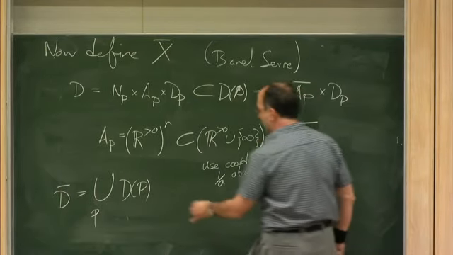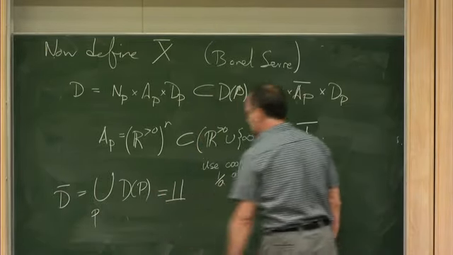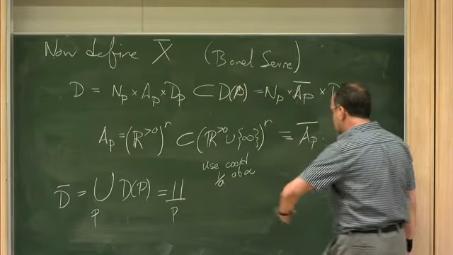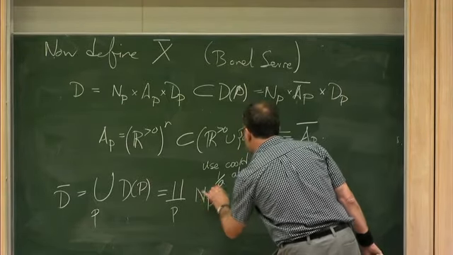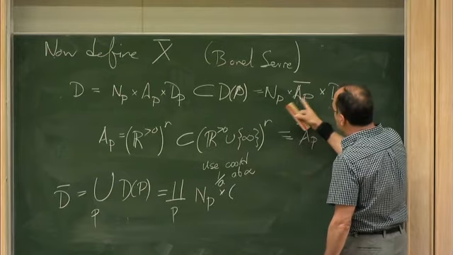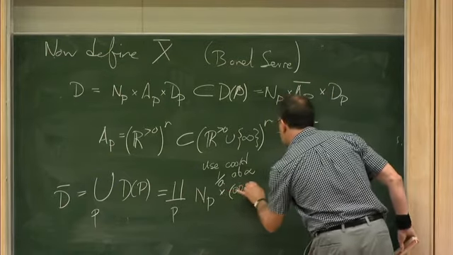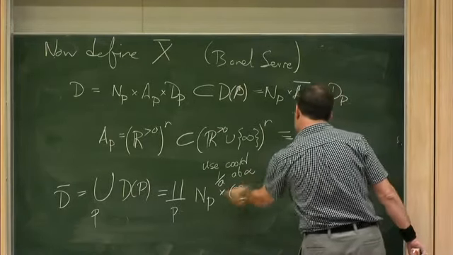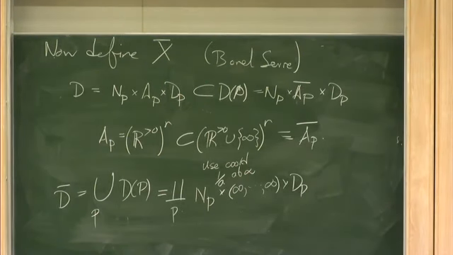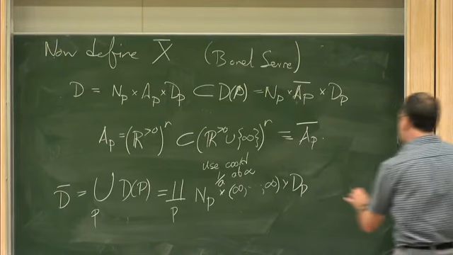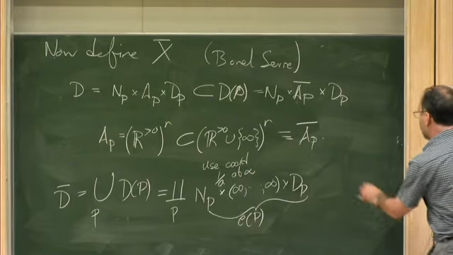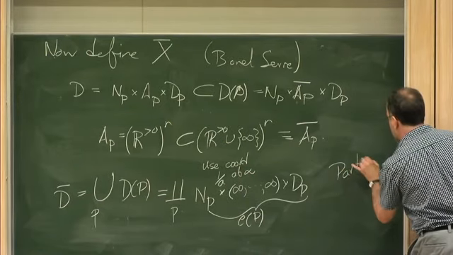Another way you can think of it is as a disjoint union over P of NP cross, letting all the coordinates here go to infinity, cross DP. Do I have a notation for that? Yes, of course, the classical notation, this you could write as E of P. So this is a partial compactification of the symmetric space.